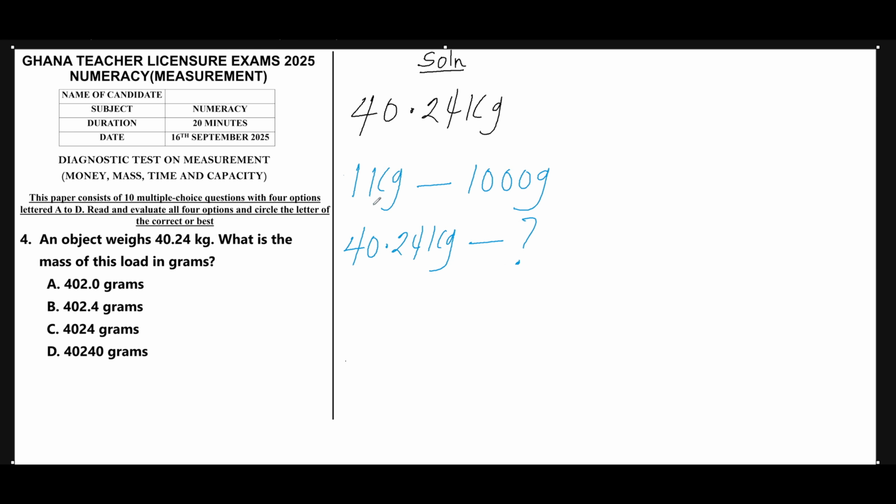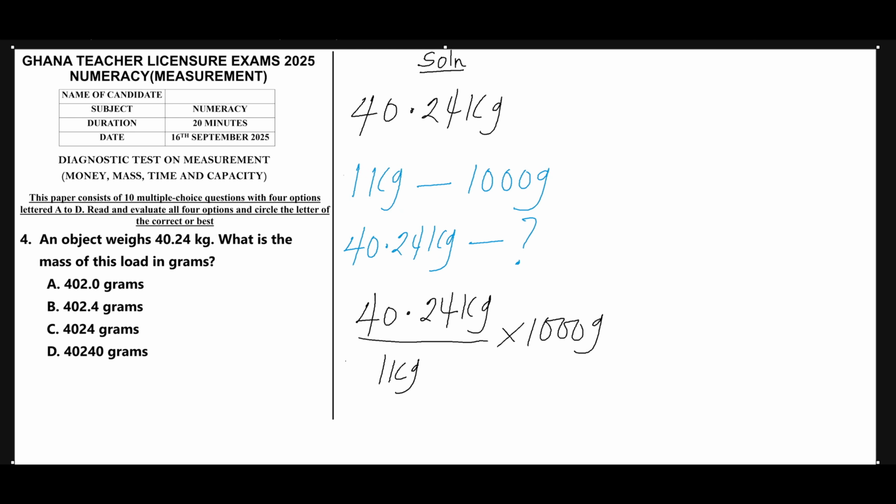If 1 kilogram gives us 1,000 grams, then 40.24 kilograms must give us a certain weight in grams. At this point, we can apply proportion. So we have 40.24 kilograms divided by 1 kilogram multiplying 1,000 grams.